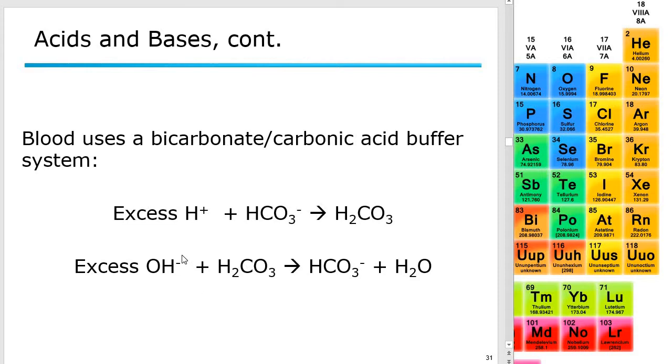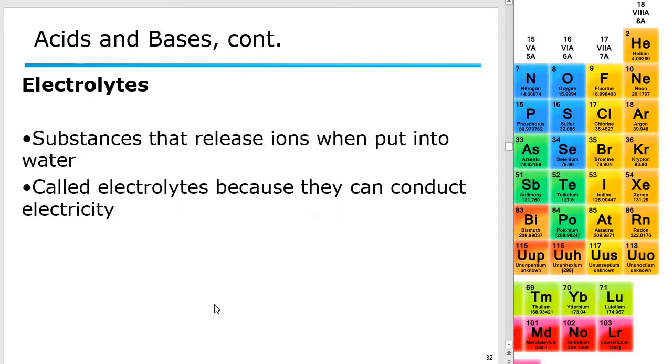The opposite direction can happen if you have hydroxide ions. You add that to carbonic acid, and it dissociates into water and bicarbonate. In this way, our body maintains pH. We can add a lot of acid to our body, and our body will buffer that to a certain point. And we can do the same thing with basic substances, and our body will buffer that.